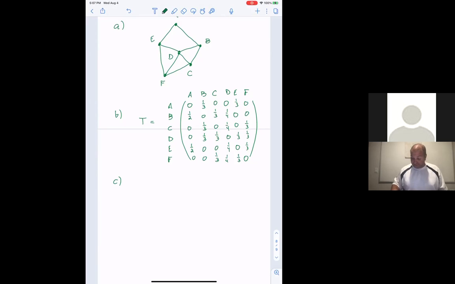So I'm going to make a 6 by 6 matrix, 0, 1 over 3, 0, 0, 1 over 3, 0, 0.5, 0, 1 over 3, 0.25, 0, 0, 0, 1 over 3, 0, 0.25, 0, 1 over 3, 0, 1 over 3, 1 over 3, 0, 1 over 3, 1 over 3, 0.5, 0, 0, 0.25, 0, 1 over 3, 0, 0, 1 over 3, 0.25, 1/3, and 0. So this is what I'm calling matrix G.